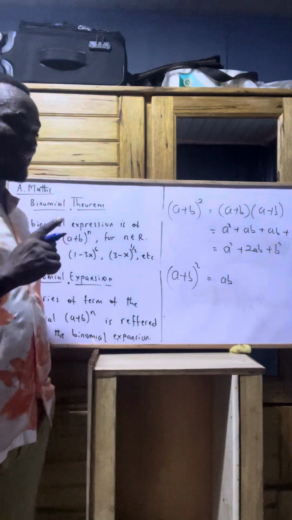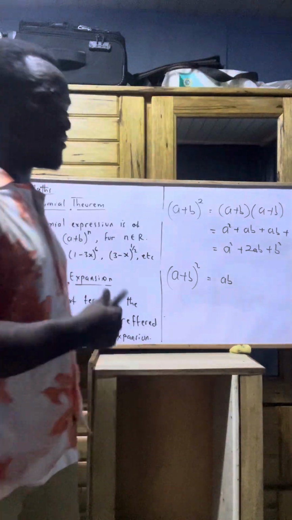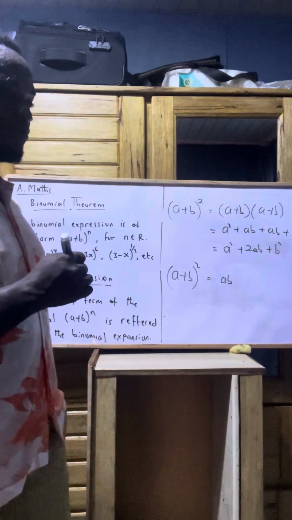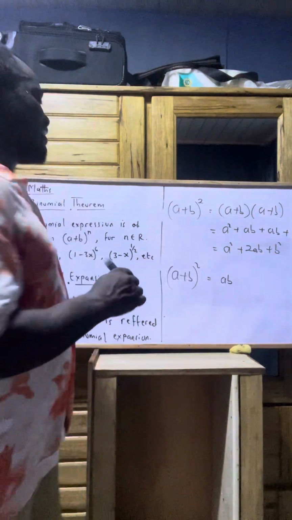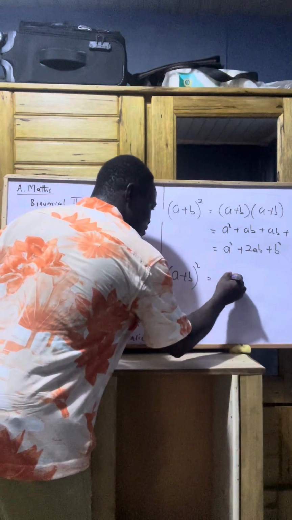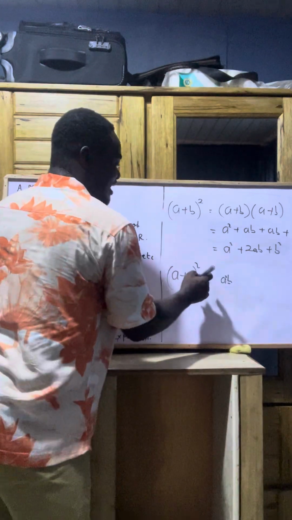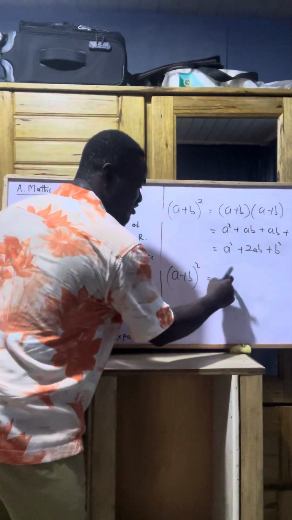Now, in the course of their transitions, what we do is that the first term will start by having all the exponents. So here, the exponent of A is going to be 2. If A has taken all the exponents, and the exponent is 2, what will be the exponent of B?